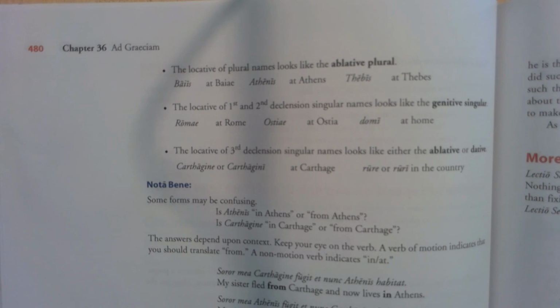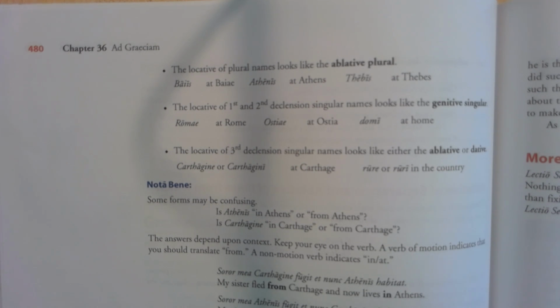But they switch it up in the first and second declension. It looks like the genitive singular. That's okay: Romae, Asti, Domi. So that would be the ending for the masculine and the feminine. Ae, feminine. I, masculine. It looks just like the first and second declension genitive.